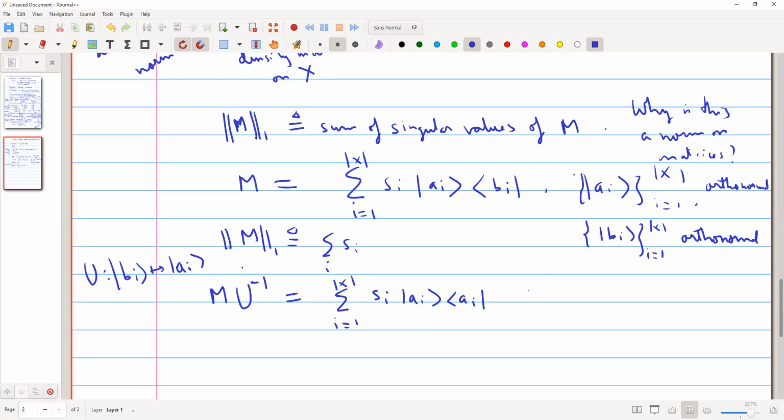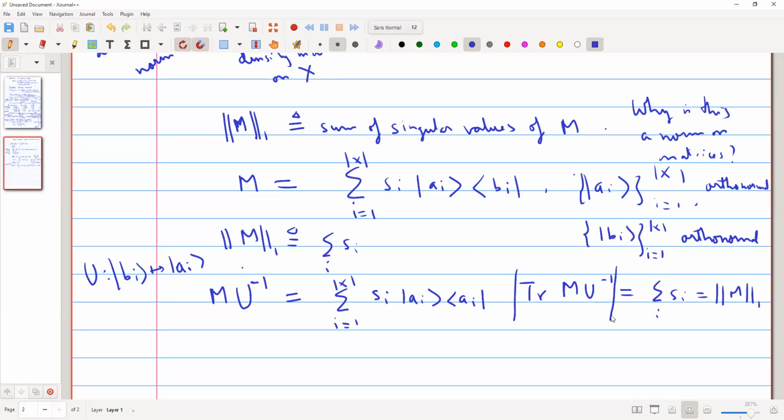So I have this, and now I can ask what is the trace of M U inverse? It is exactly the summation over i of s_i, which is equal to the one norm of M. So why did I do all this?